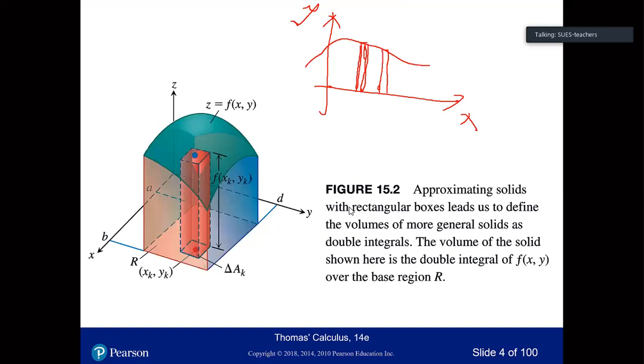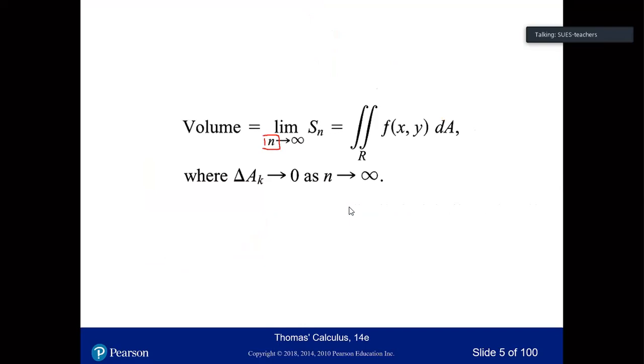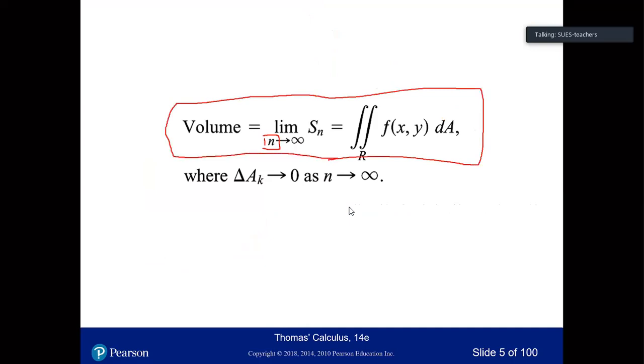When you divide the region into small enough boxes, the number n goes to infinity. Then this is the multiple integral. This is the concept of the multiple integral.